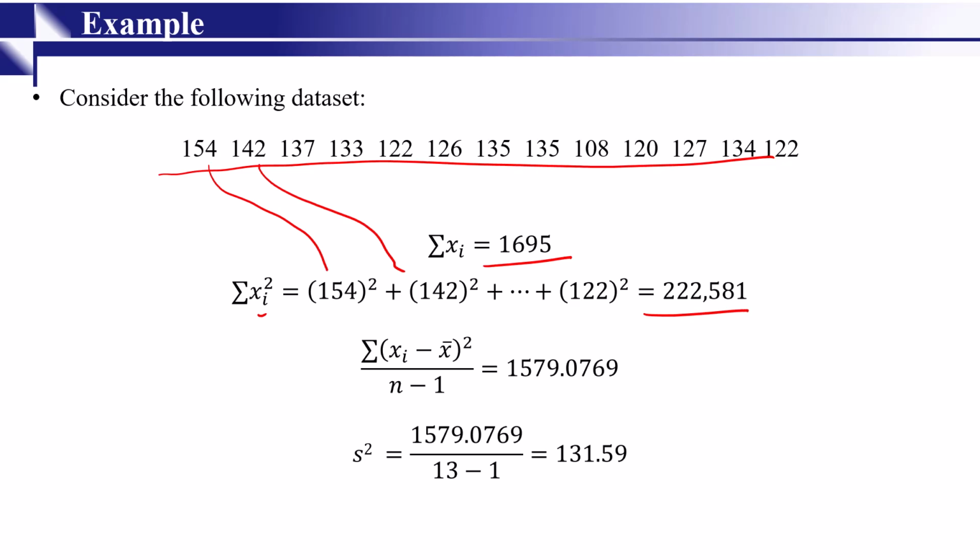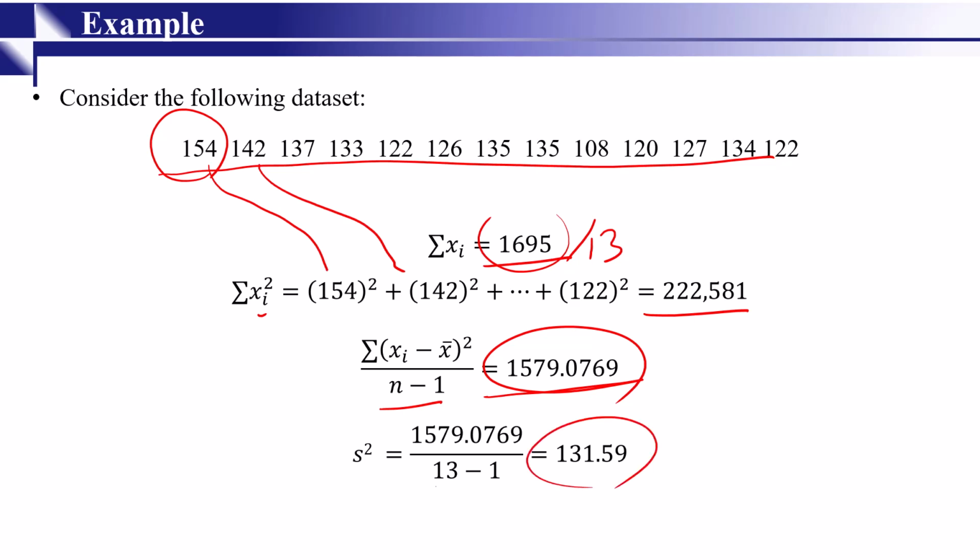Then xi minus x bar squared, divided by n minus 1. It means each one minus the average. This one is divided by 1, 2, 3, 4, 5, 6, 7, 8, 9, 10, 11, 12, 13. So n minus 1 is 12, and we divide this number by 12, and we will get 131.9.